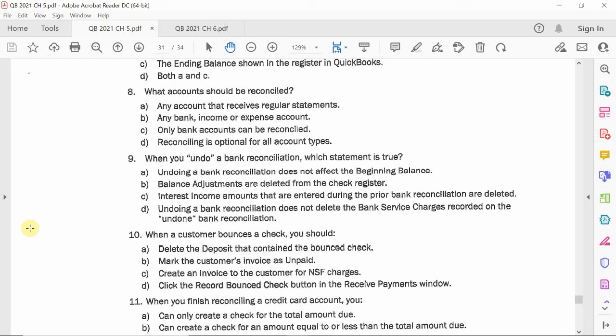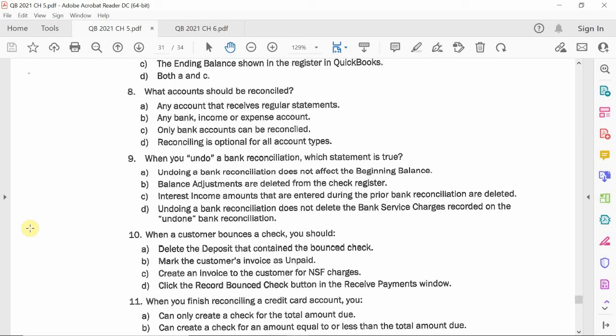Is it D? It is D, okay? When you undo the bank reconciliation, right? You do not have to delete the bank service charges or the interest because it's actually going to remain in your actual bank account.